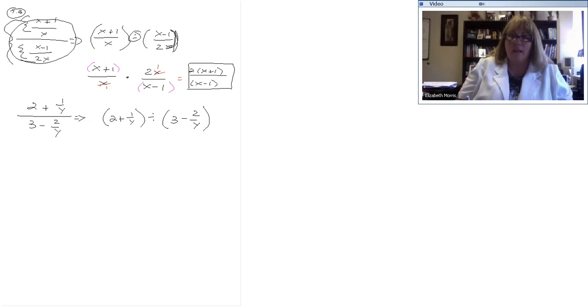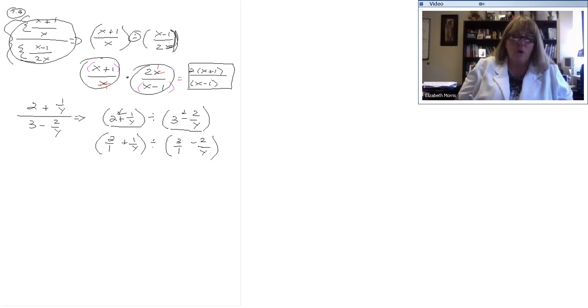Now, in this first one, we had whole fraction, whole fraction. We flipped and multiplied. We don't have a whole fraction here, and we don't have a whole fraction here. We have things that are being added or subtracted. So we need to combine it to be one fraction, which is what we just did in 7.2. In other words, I have 2 over 1 plus 1 over y that I need to combine, and I have 3 over 1 minus 2 over y that I need to combine.